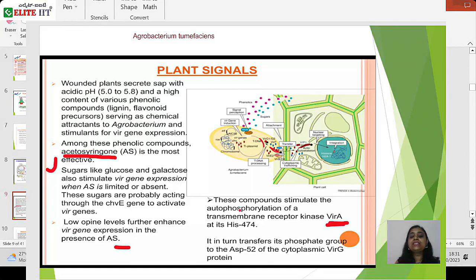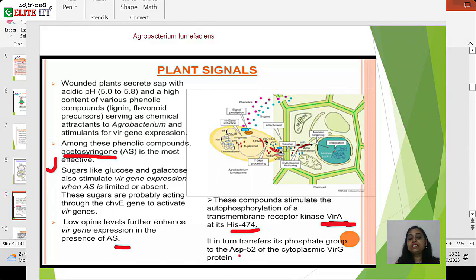That means these compounds, acetosyringone, glucose, galactose, are stimulating autophosphorylation of the transmembrane receptor kinase VirA. And at which position? Histidine residue. Generally phosphorylation is happening at histidine or serine residues.